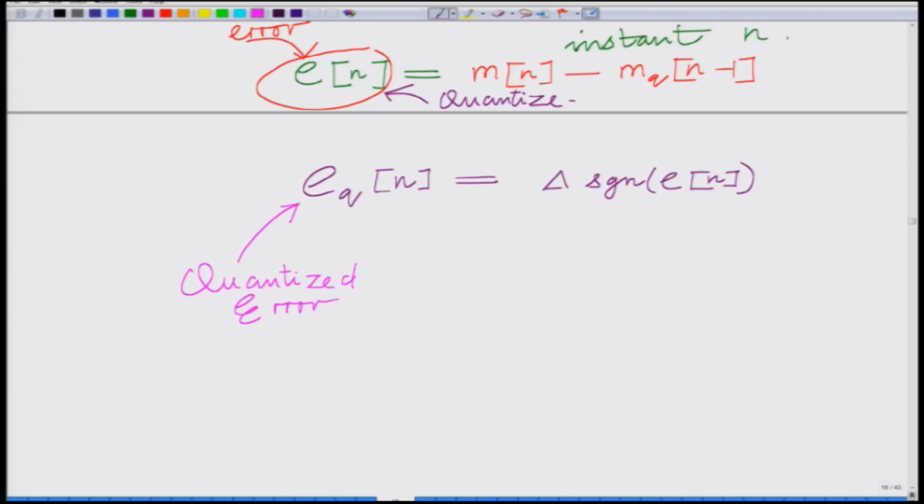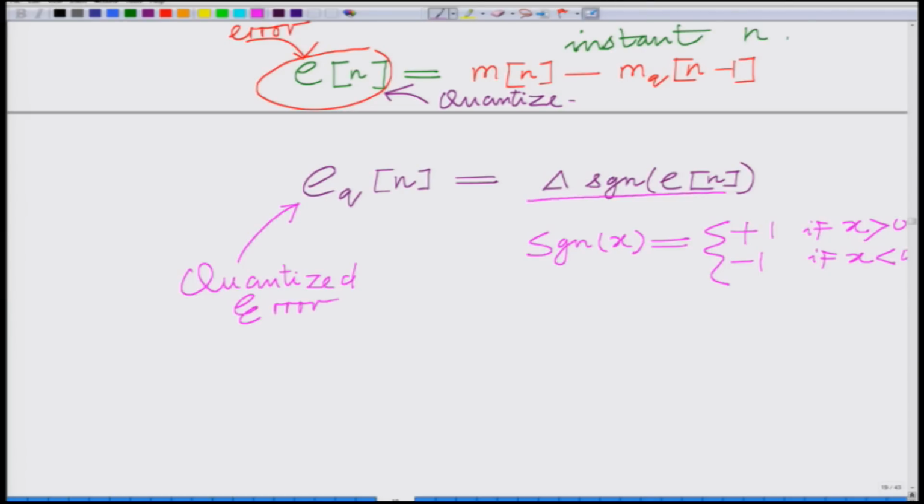Let us use the simplified version of the sign function: sign of x equals plus 1 if x is greater than 0, minus 1 if x is less than 0. Of course, at 0 it is 0, but we do not care about that single value.